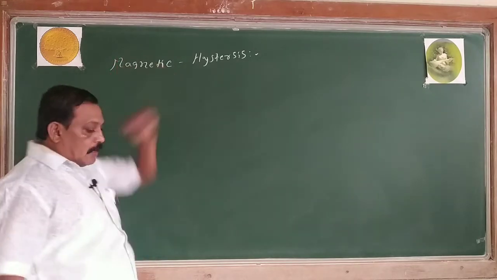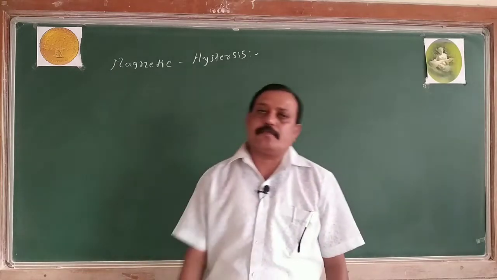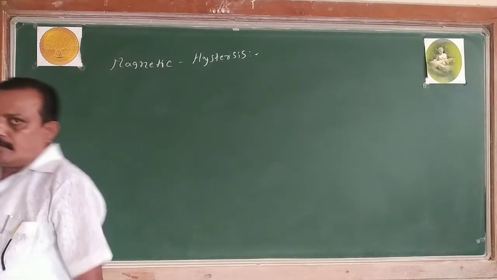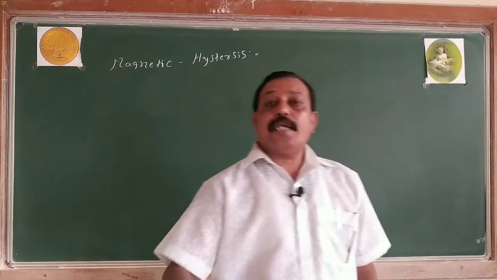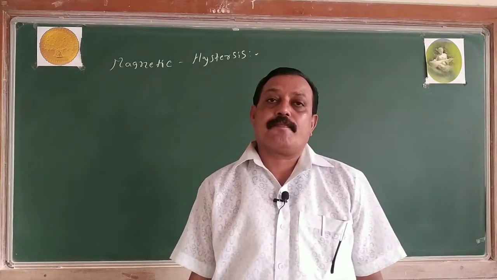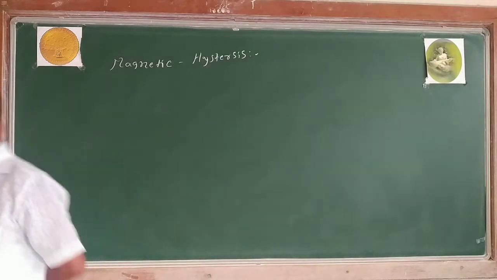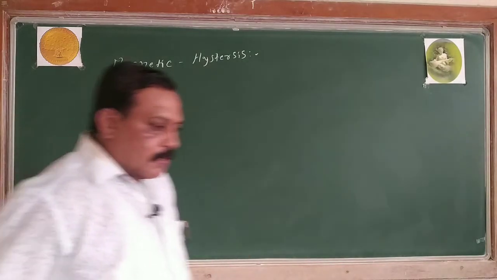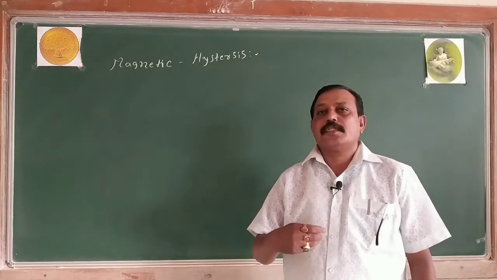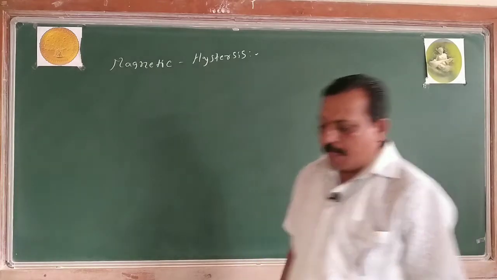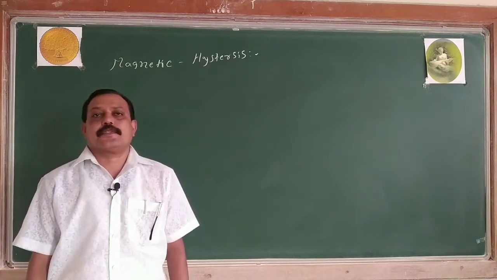When you take a ferromagnetic substance through a cycle of magnetization, the intensity of magnetization lags behind the magnetizing field, and the phenomenon is called magnetic hysteresis.